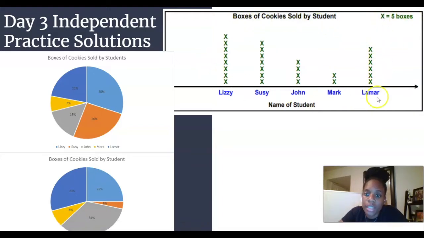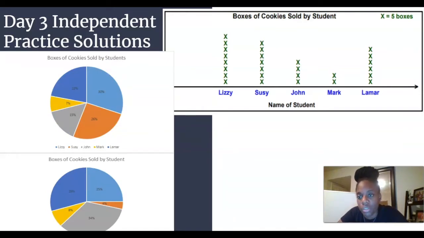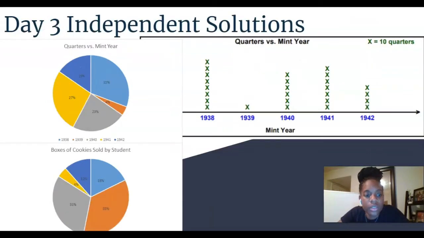So you would have had to add all of these up individually and then see how much Lizzie sold out of the total amount, how much Susie sold out of the total amount, and so on and so forth, okay? When you did that, you would have come out with the top graph being the representation for the amount of boxes students sold.